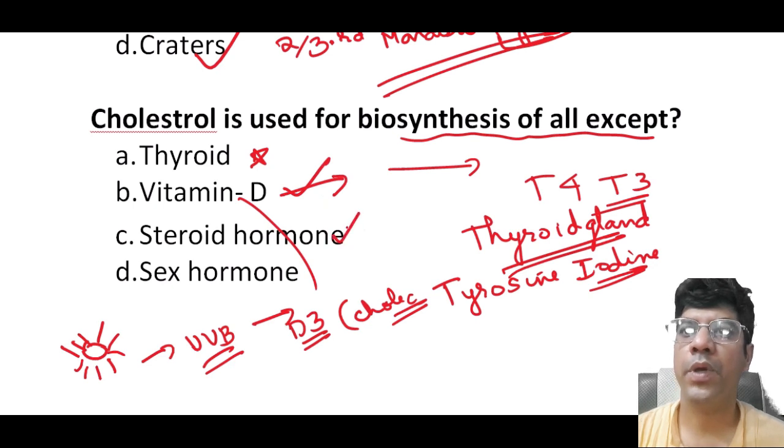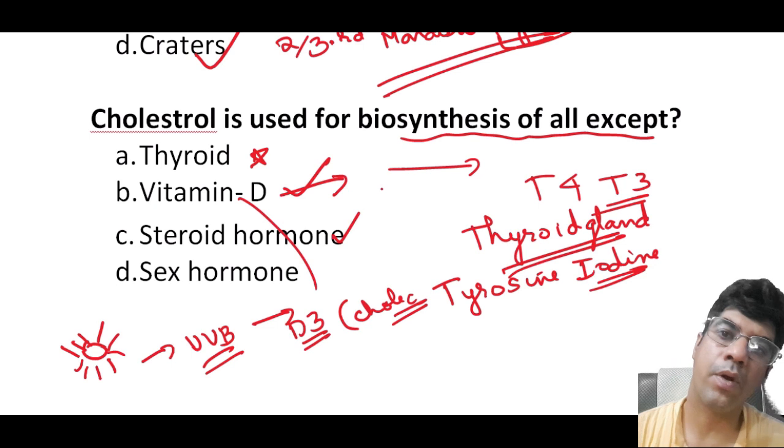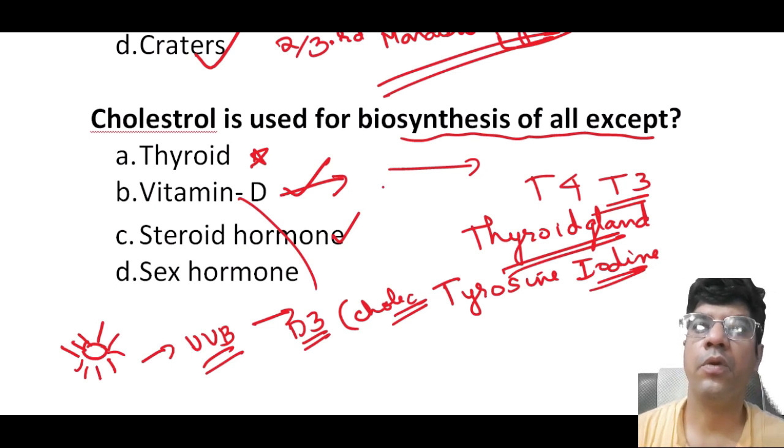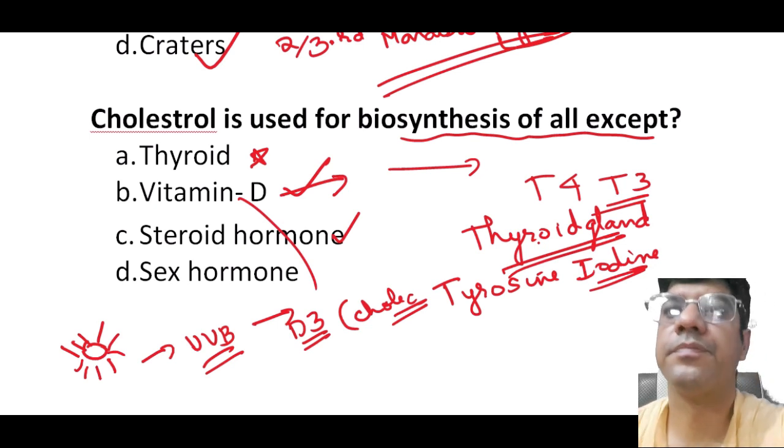Steroid hormone: cholesterol is a precursor molecule for biosynthesis of the steroid hormones that include glucocorticosteroids, mineralocorticosteroids and the sex hormones. The glucocorticosteroids such as cortisol, they are involved in regulating metabolism, immune response and the stress response.